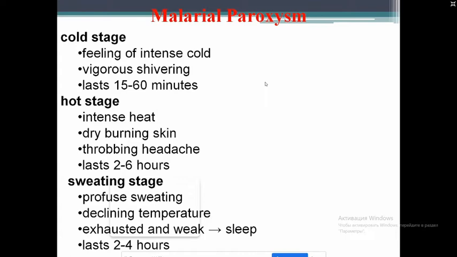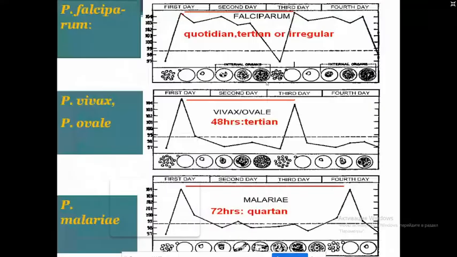Next stage is hot, with intense heat, dry burning skin, throbbing headache, lasting 2-6 hours, and last is the sweating stage, dear students, with profuse sweating, declining temperature, feeling exhausted and weak, followed by sleep, and lasts 2-4 hours. So malaria paroxysm, dear students, can last from 5 hours to 11 hours, the longest.